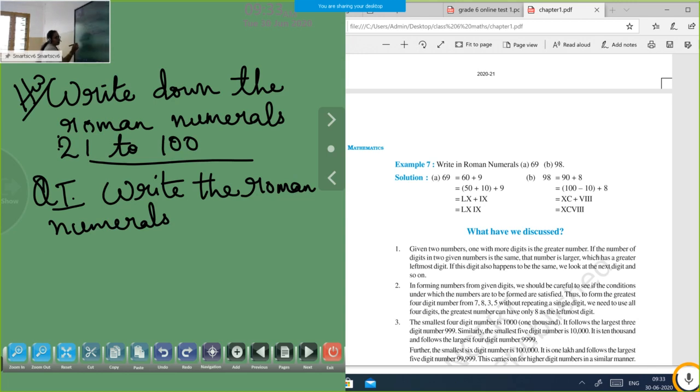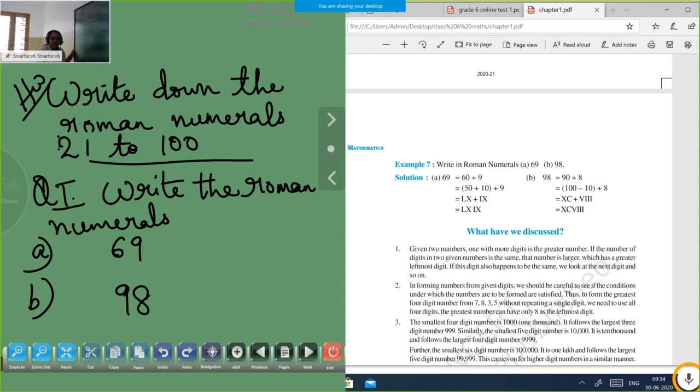Write the Roman numerals for first 69, second 98. Okay, how will you do, children? 69, write the Roman numerals for 69.